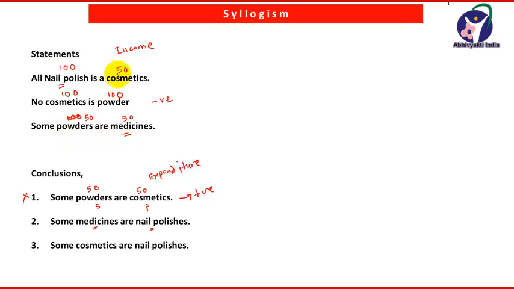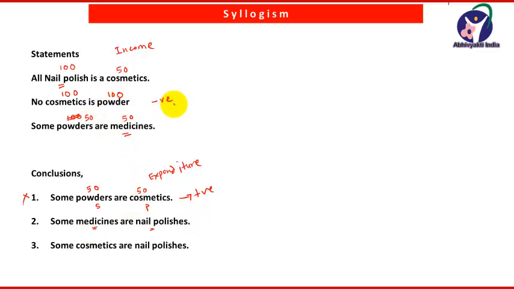But in these two statements there is no common word. Then we will check all three statements. In the first and second, powder is a common word. Then in the second and first, cosmetic is a common word. So we will have to connect all three statements to get this conclusion.